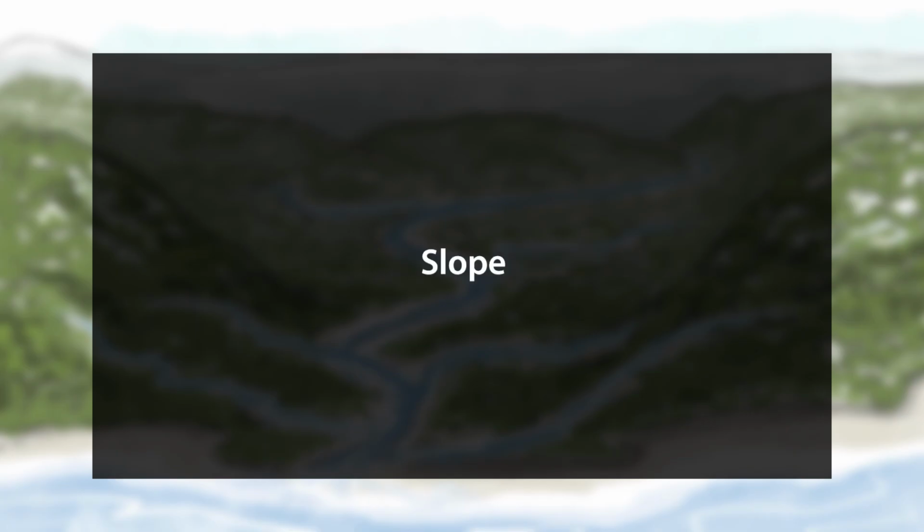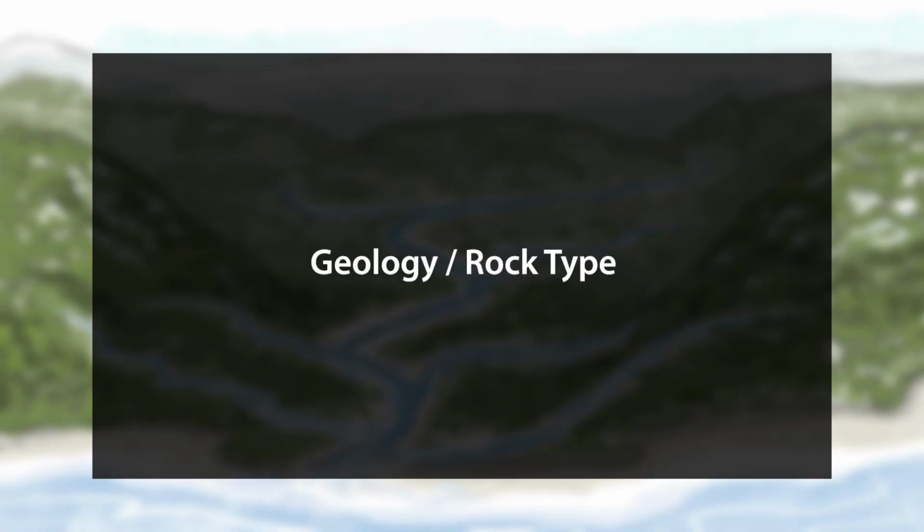First, slope: steep slopes show shorter streams in the watershed, whereas gentle slopes reveal longer meandering streams. Second is geology or rock type: hard rocks show shorter, straighter streams, however, soft rocks are responsible for longer and dendritic patterns.